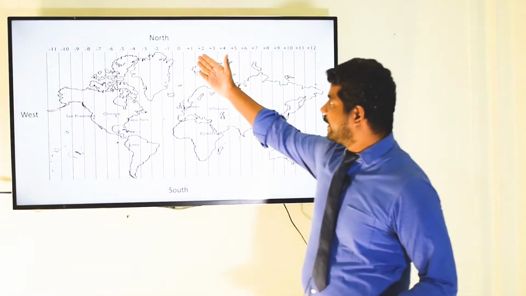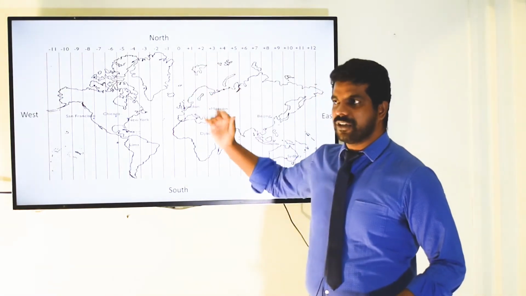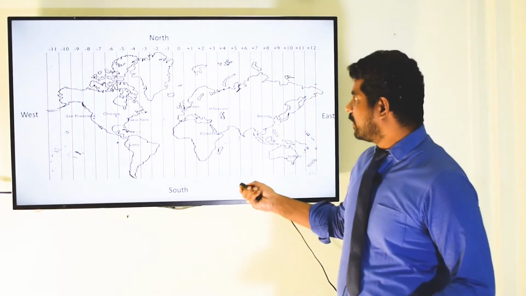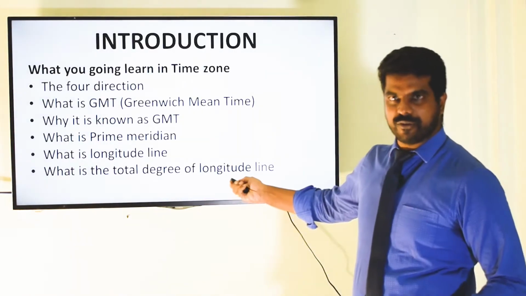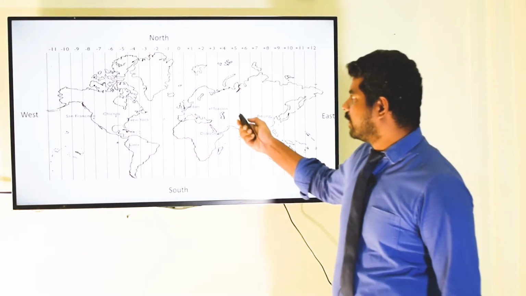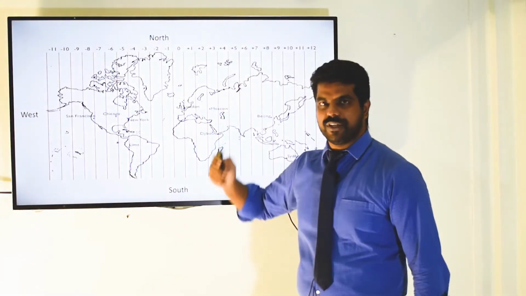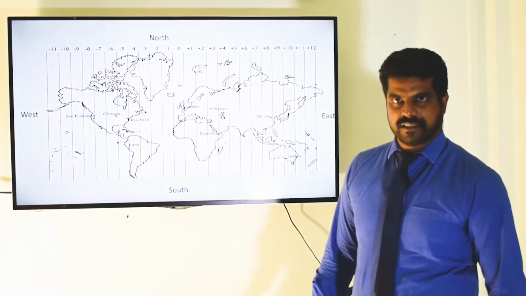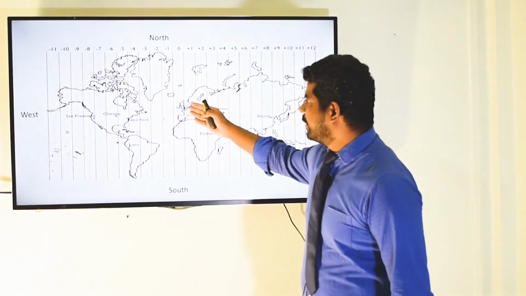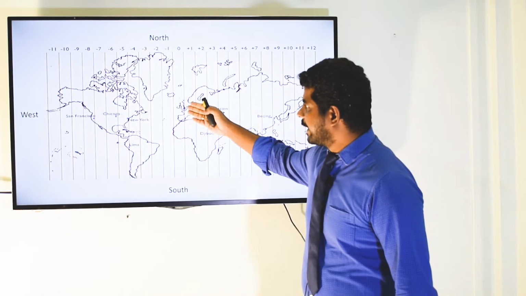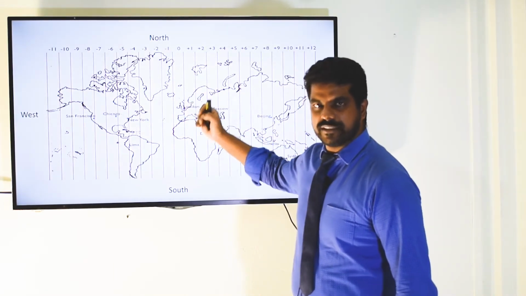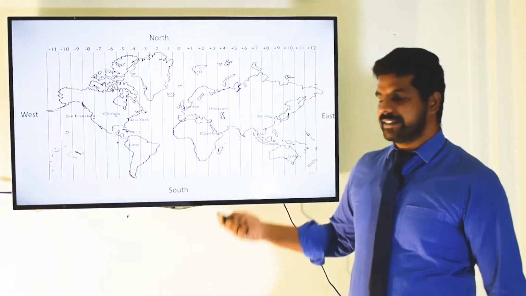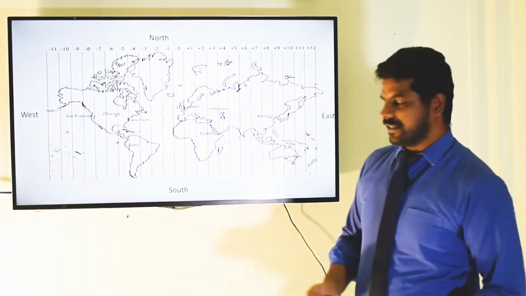The line exactly falls on the village named Greenwich, so it is called Greenwich Mean Time. I hope that now you are clear why this line is named Greenwich Mean Time. The 0 degree line exactly falls on the village named Greenwich located in the UK, so it's named Greenwich Mean Time.